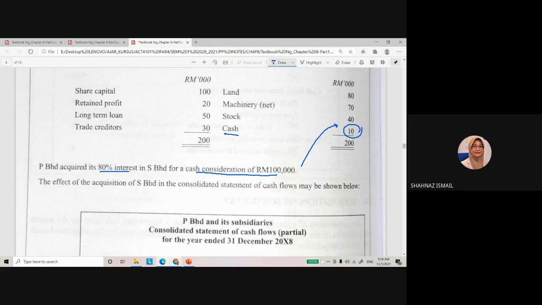Okay, so nilai bersih dia adalah 90k. Okay, so ini adalah outflow. Ini adalah inflow.